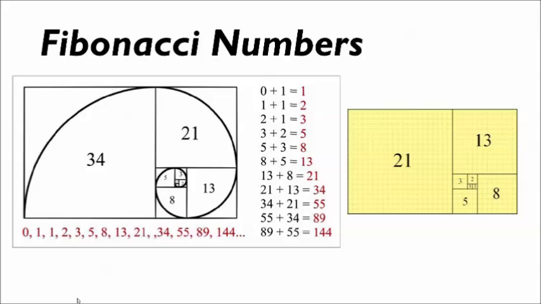And then you add 1 plus 1. And then you add 1 plus 2, because those are those two integers. And then you add 2 plus 3. 3 plus 5 is 8. And then 5 plus 8 is 13. 8 plus 13 is 21. And you see how this sequence goes along.